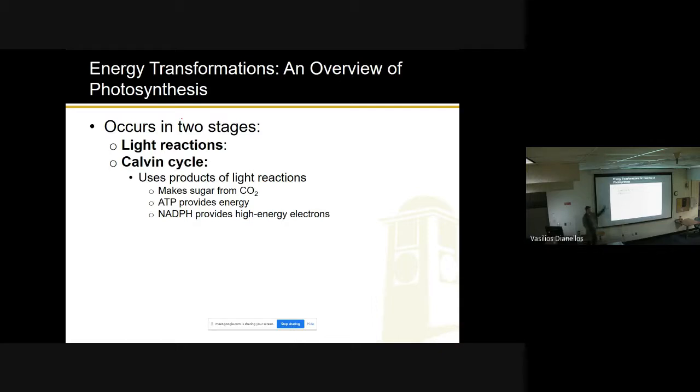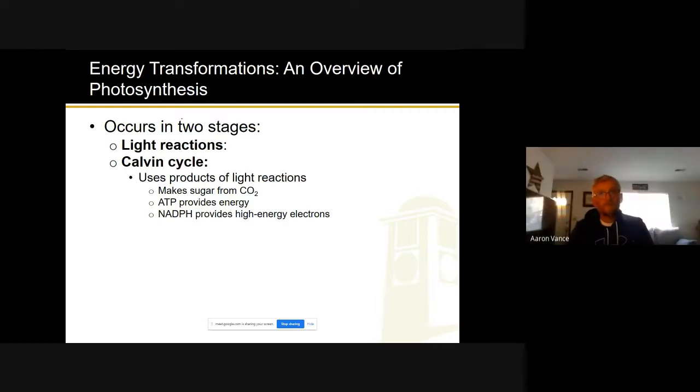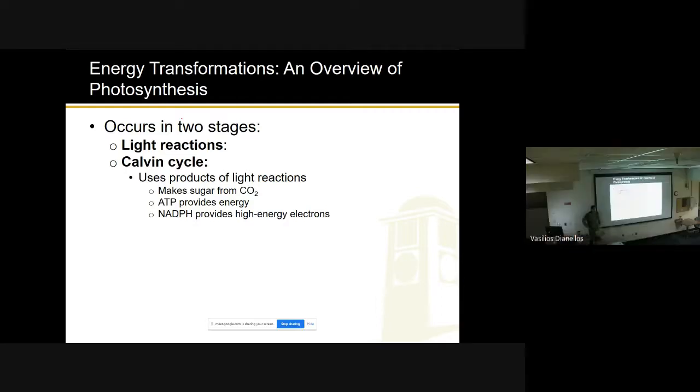And it's the Calvin cycle that actually makes the glucose. So the light reactions are basically there to support the Calvin cycle. Sort of like glycolysis and the citric acid cycle are there to support the electron transport chain. Same thing here. Calvin cycle is the sugar factory, so to speak.